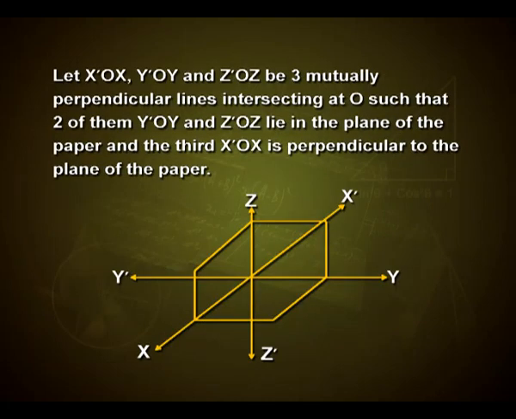Let X'OX, Y'OY and Z'OZ be three mutually perpendicular lines intersecting at O such that two of them, Y'OY and Z'OZ, lie in the plane of the paper and the third, X'OX, is perpendicular to the plane of the paper.